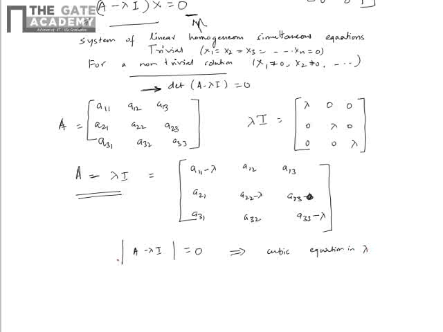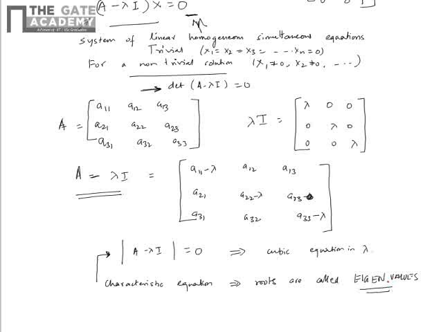In the mathematics literature, this is called the characteristic equation, and the roots are called the eigenvalues. So this is just from the mathematical point of view. The application, as I told you, is from the mechanical point of view. So the roots are basically the eigenvalues.